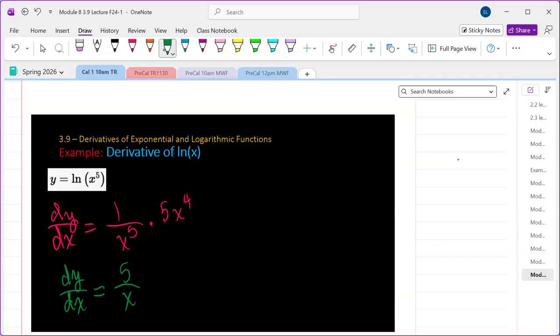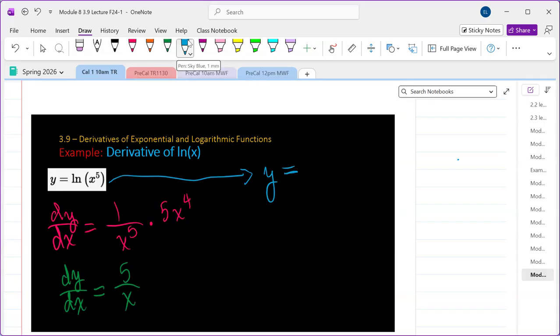Now, if I look back at the original function, the natural log of x to the fifth, what do natural logs do with exponents? So log's whole purpose in life is to do this thing to exponents. So logs take powers and bring them down up front.